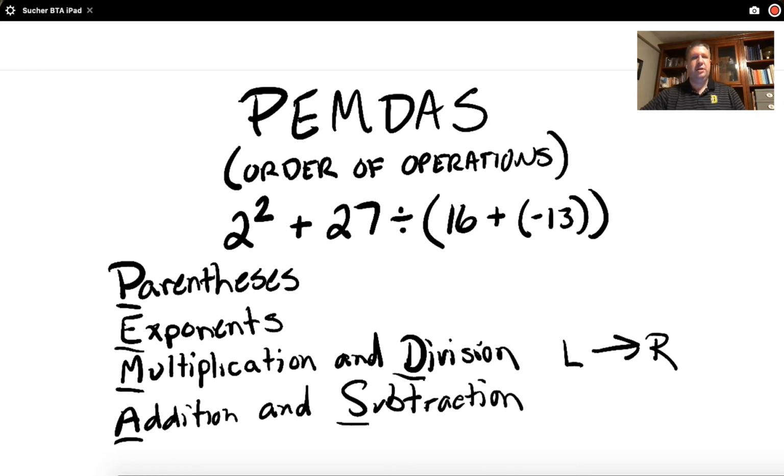And the same thing, they carry equal weight in PEMDAS. So when you have a sequence of those, you would carry them out in order from left to right. So parentheses, exponents, multiplication and division, addition and subtraction. That's our order for PEMDAS.